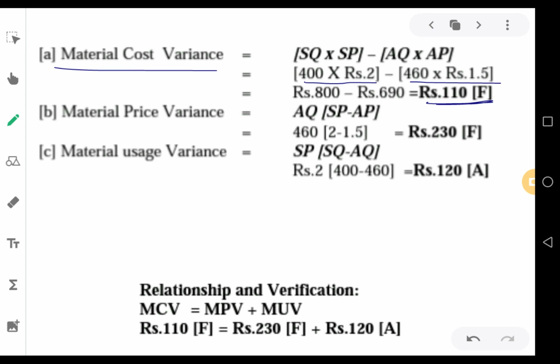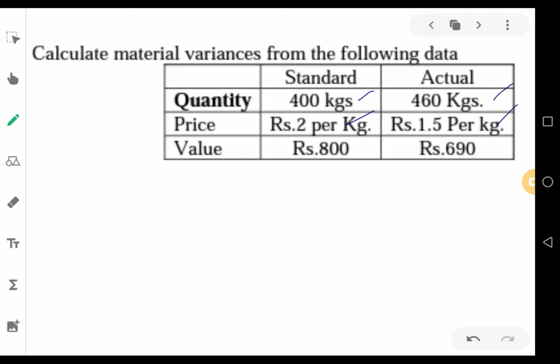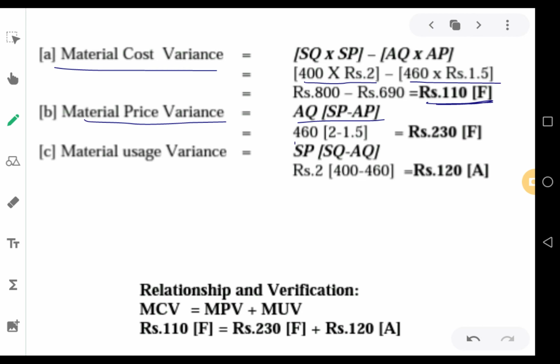That's material cost variance. Let's go to the material price variance, and the formula is actual quantity into standard price minus actual price. The actual quantity used is also mentioned in the question, that is 460 kgs. So 460 into standard price minus actual price.